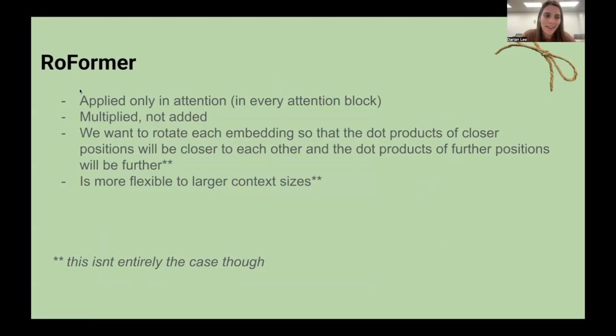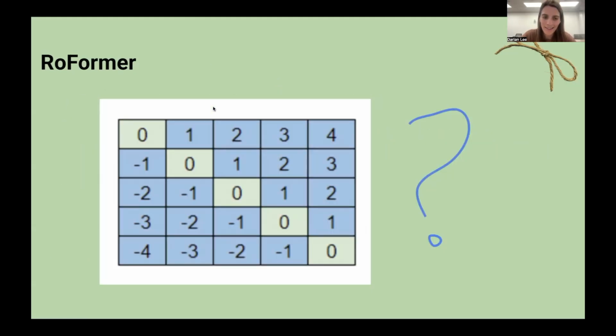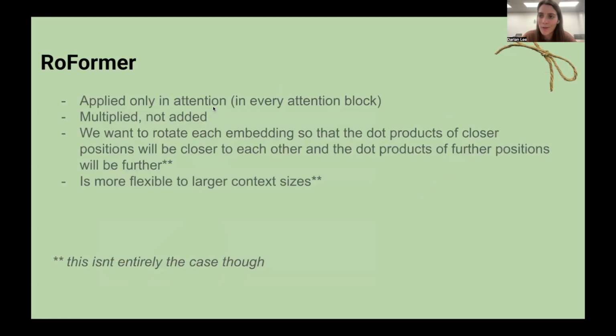So real quick, just a couple of things about the RoFormer before we get into what's actually happening. It's going to be applied only in attention, and it's going to be multiplied rather than added.